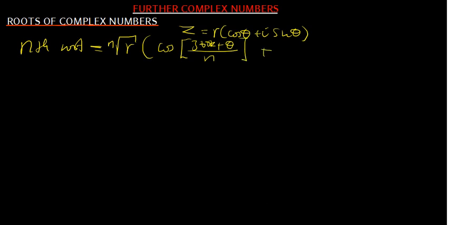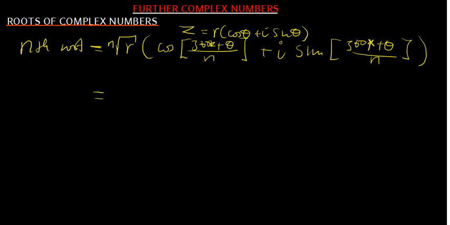And then also to the other angle, that will be i sin, so that will be 360k plus theta, and also divided by n. This is when we are dealing with degrees, that's why we're adding 360k.